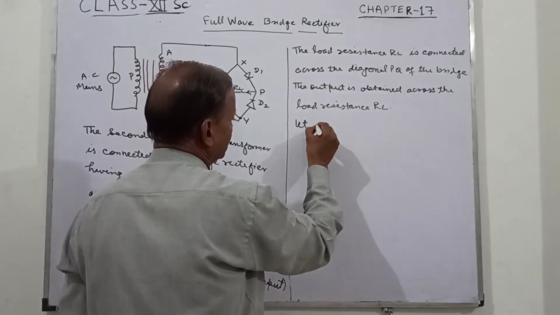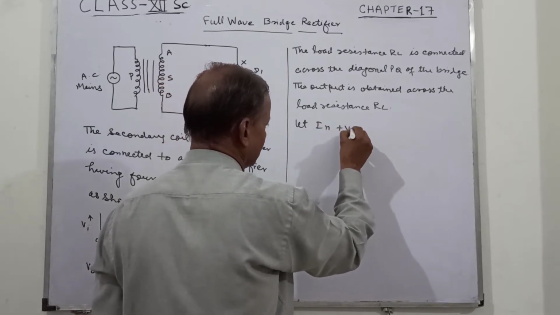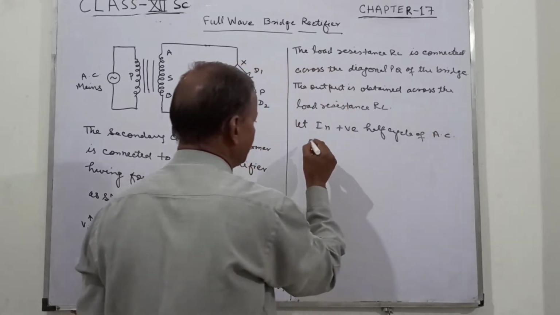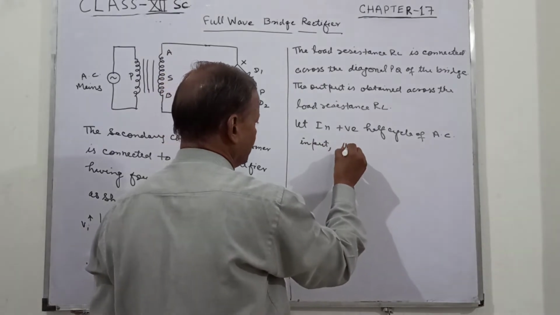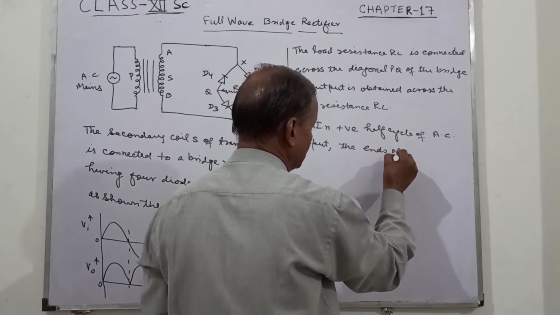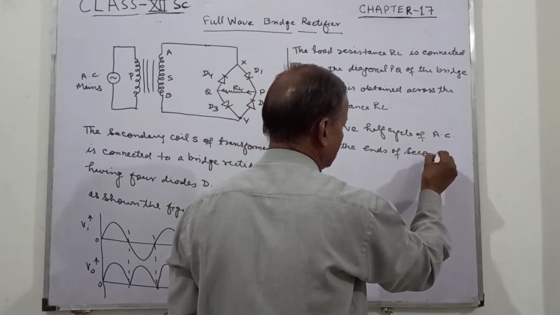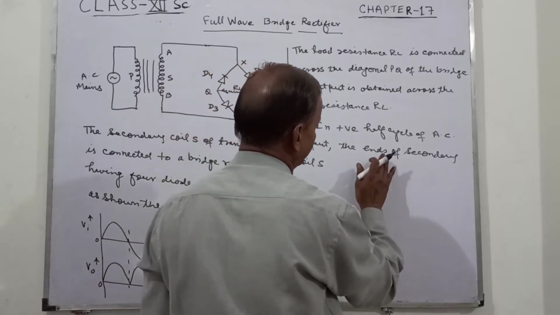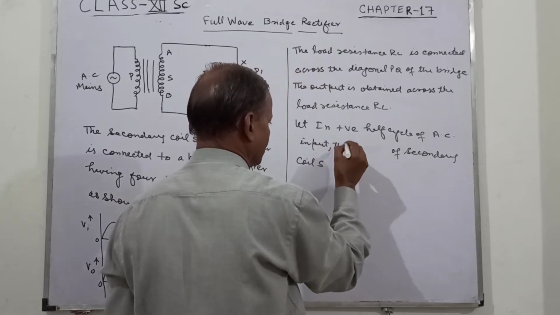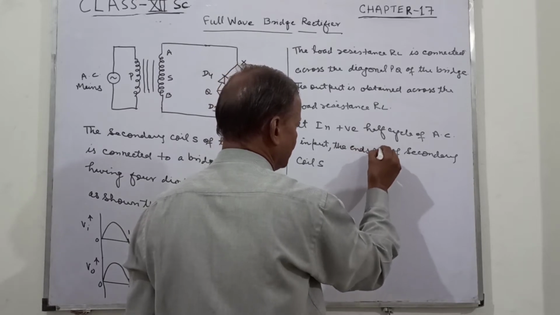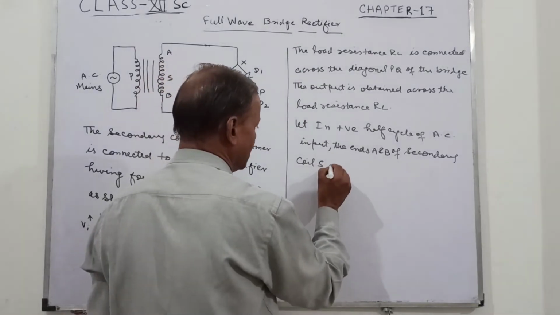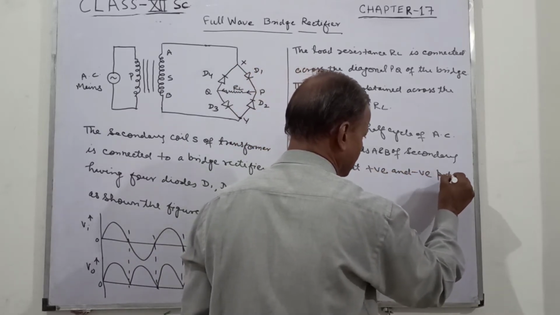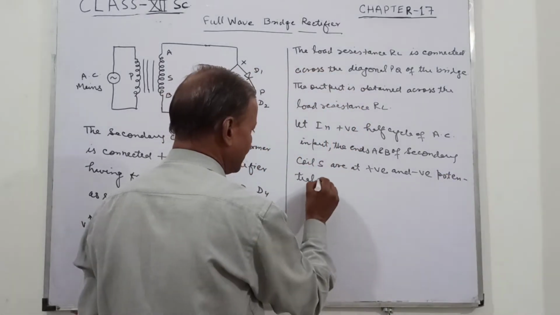Let in the positive half cycle of the AC input, the ends A and B of the secondary coil S be at positive and negative potential respectively.